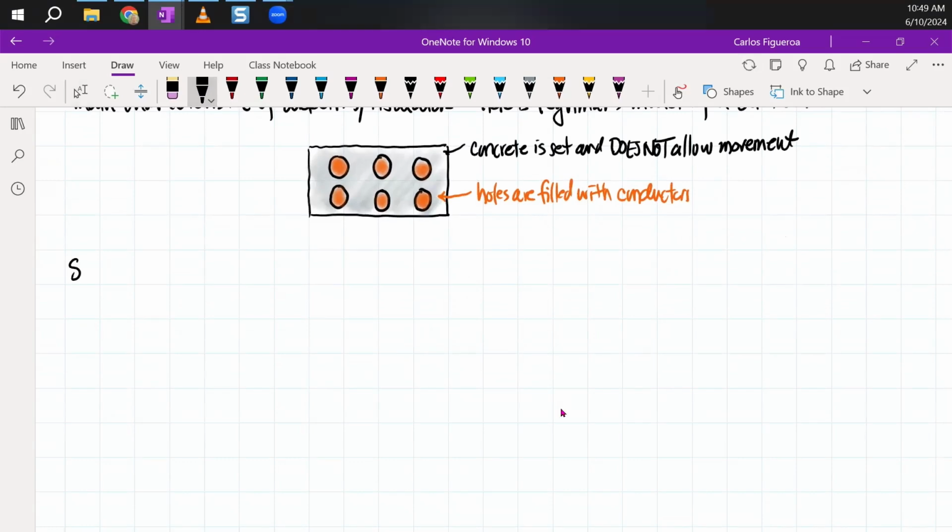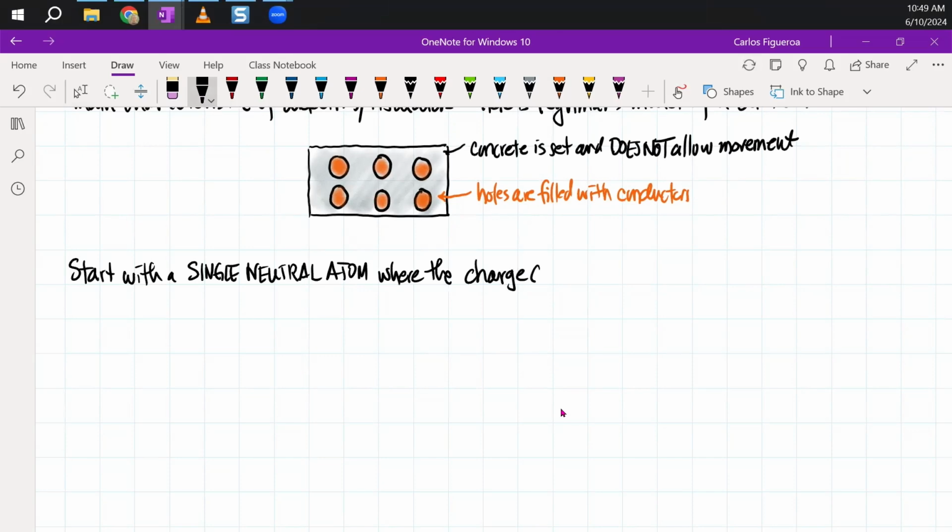Okay, so start with a single neutral atom, where the charge distribution is symmetric. And that's important here.